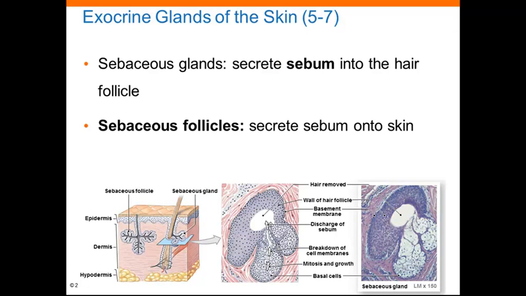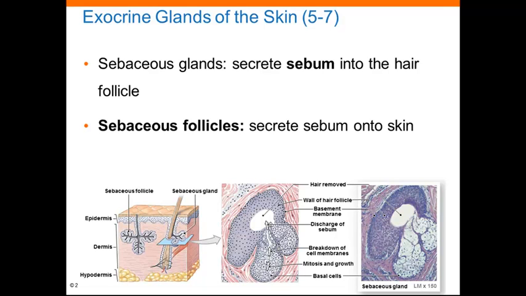Now you may have noticed on the drawing of the hair the accessory sebaceous gland. So sebaceous glands secrete sebum into the hair follicle through holocrine secretion, so rupture and cell death. And the sebum is a liquid that is lipid rich. It's an oil.